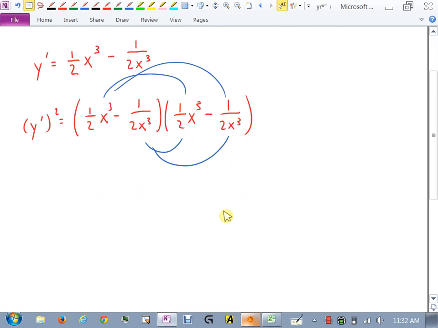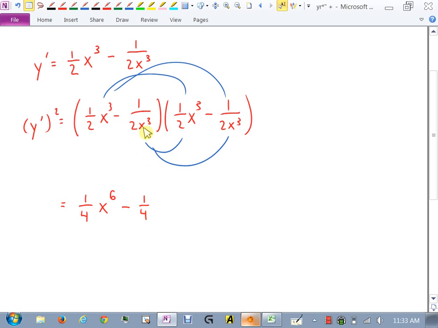So what will we have? One-fourth x to the 6th minus, careful here, what's 1/2 x cubed times negative 1 over 2x cubed? Just negative 1/4. The x cubed on top cancels with the x cubed on the bottom. The 1/2 multiply, so you get negative 1/4.